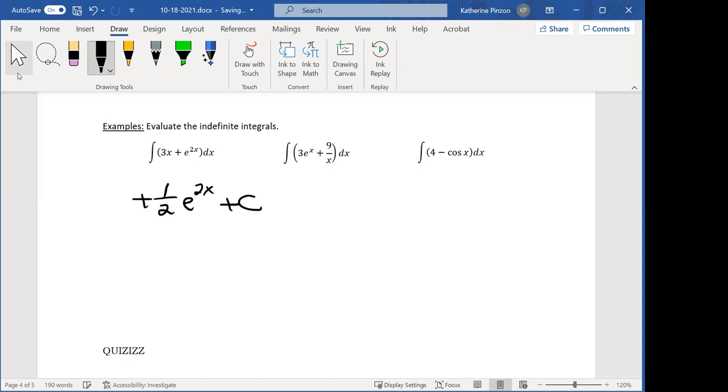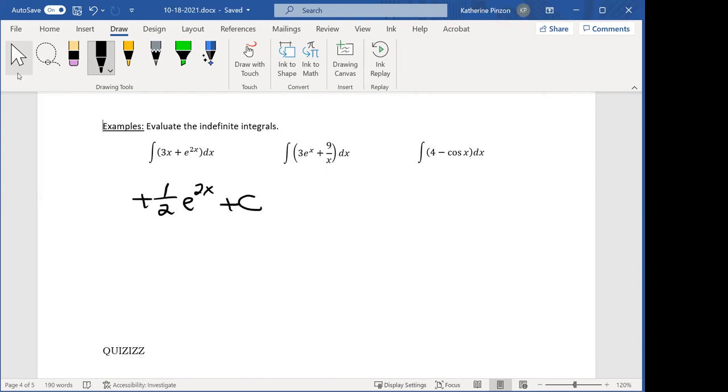Perfect. Okay. What's the antiderivative of 3x? What's the antiderivative of x? Which rule should I use? The derivative is 1. I should use the power rule. What's my power now? 1. So to find the antiderivative, add 1 to the power and then divide by the new power.